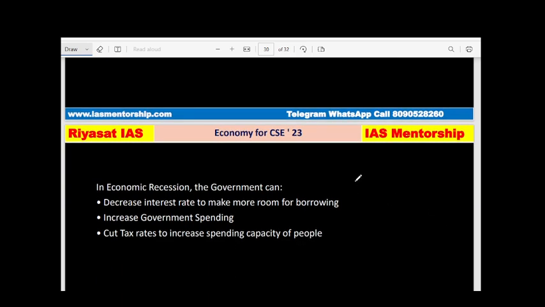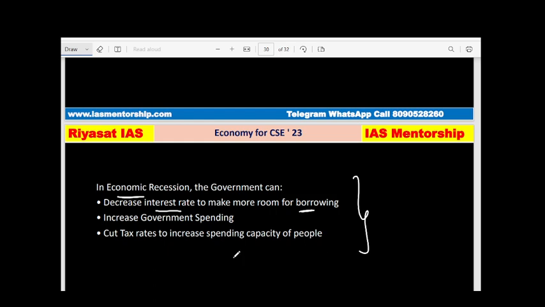See, here I have given you what is economic recession. What is economic recession? Negative growth. Okay, there is negative growth. So what can government do? It can decrease the interest rate so that there is more room for borrowing. Obviously, if there is no borrowing, how will economic growth happen?